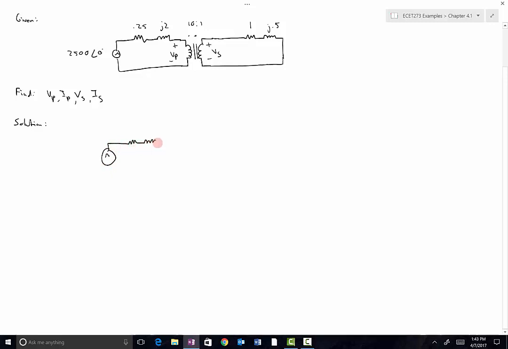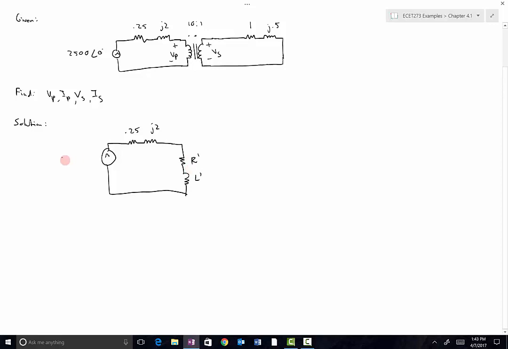We've got 0.25 ohms, J2 ohms, and then we've got two new devices here, a resistor and an inductor. This is called a referred impedance in this case, and we'll label that R prime and L prime, indicating that it has been referred through the transformer.